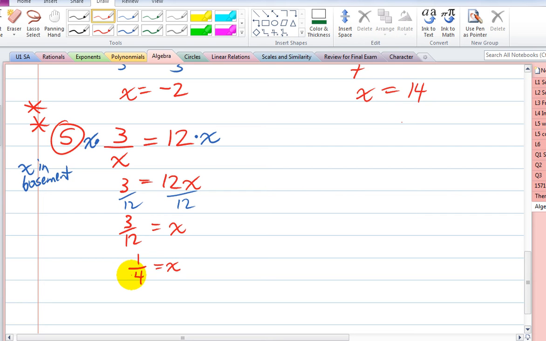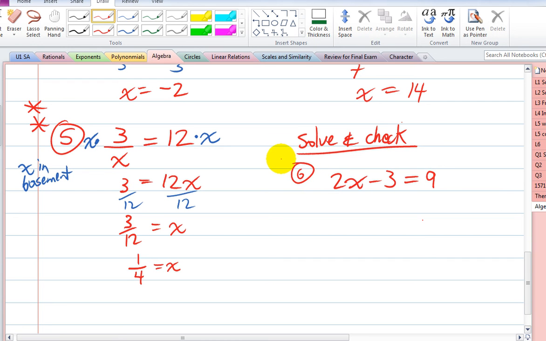Any questions? Ready for the harder stuff? Good. So let's do this one. Your instructions are going to be solve and check. You'll see that in your homework today. Solve and check. 2x minus 3 equals 9. What do we got? Any ideas? X equals 6.